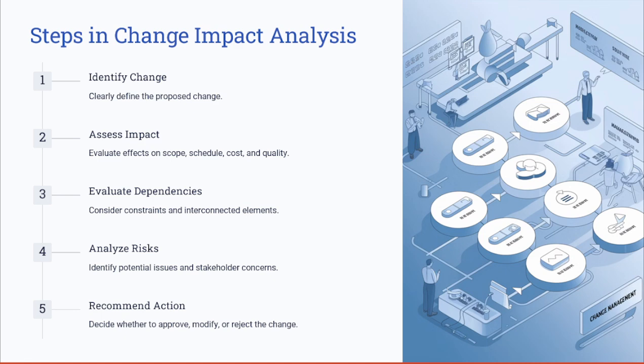When it comes to cost impact, you can ask yourself, will this increase the project budget? When assessing the quality impact, you can ask yourself, will the new materials enhance the durability or will it make it worse? Also, you need to assess the dependencies by asking yourself, will this affect the other ongoing work?